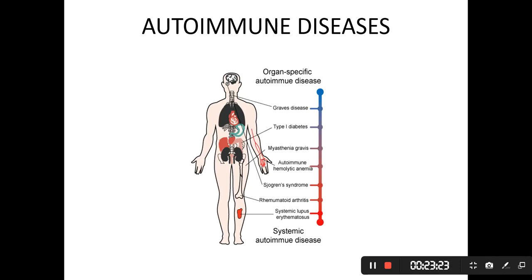Then that condition is called autoimmune hemolytic anemia. Those antibodies were not supposed to be formed, but they have started getting formed. And so they bind against the A antigen on the RBCs and break down the RBCs, hence leading to an anemic condition.